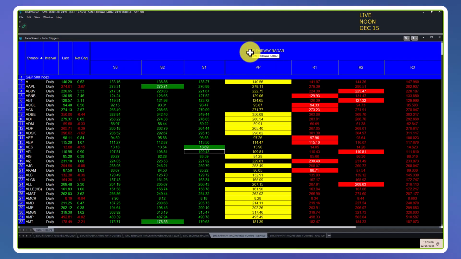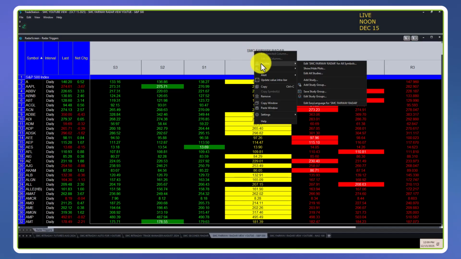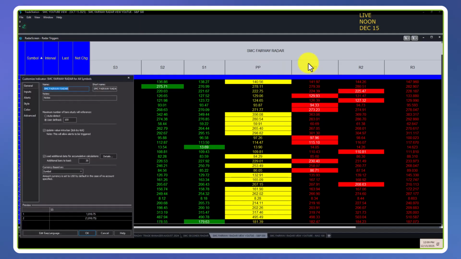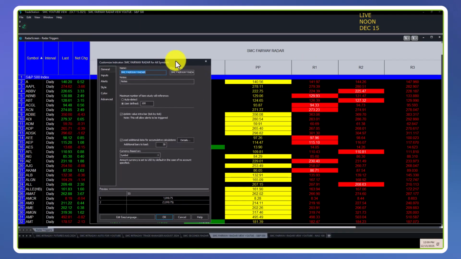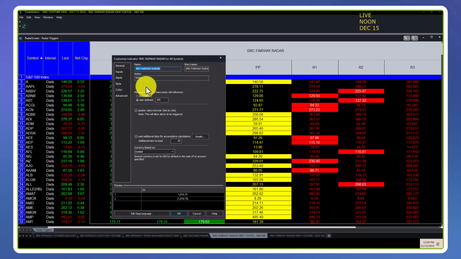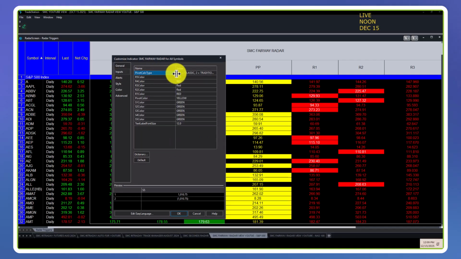We are recording, so let's see if we can do this together. If we wanted to move this to a weekly view, which would be even more conservative, let's see if we can.